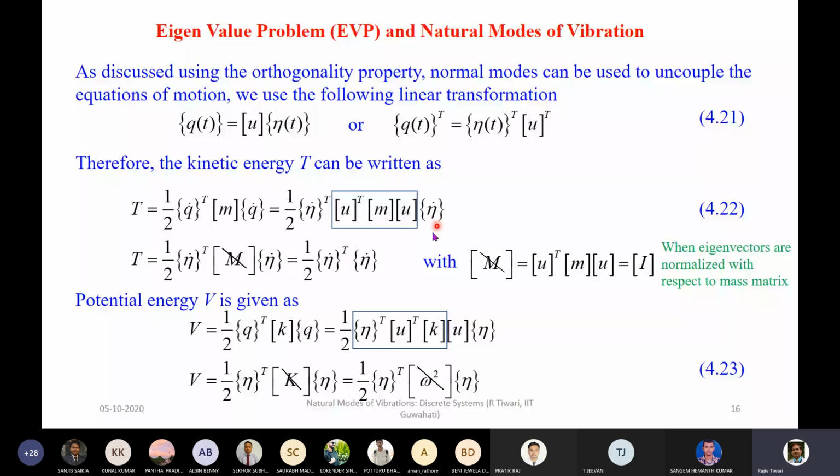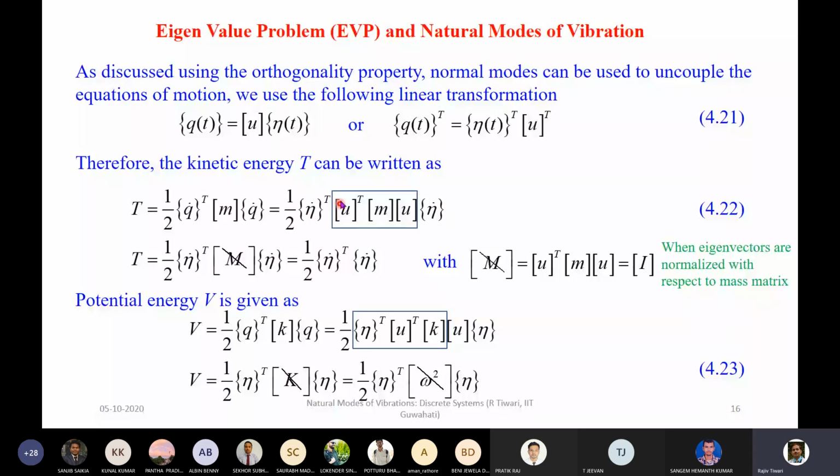Similarly, before the mass matrix, we have q dot transpose. So if we do the differentiation of this and substitute, we get eta dot transpose U transpose. So we have substituted the q dot and q dot transpose. Now this kinetic energy expression is in terms of the natural coordinates.